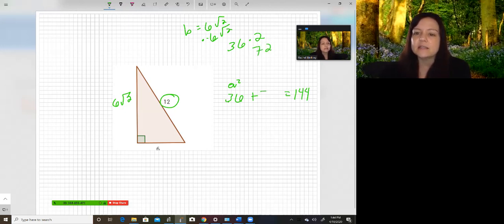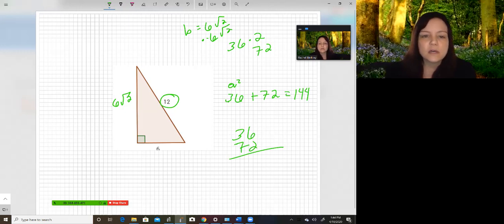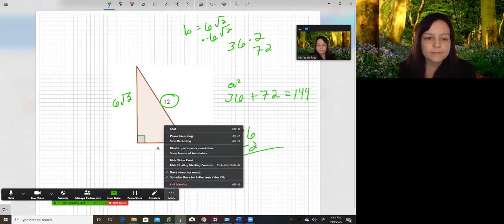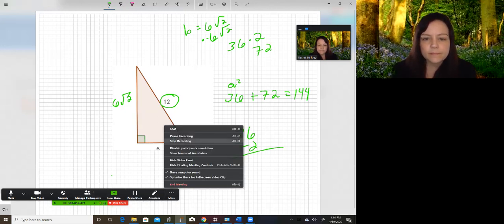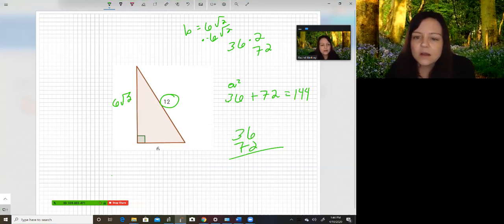So what we're looking at is, and you could just use the calculator for that, 36 plus 72 is, let's see, 36, 72, which is only 108. So what did I do wrong?